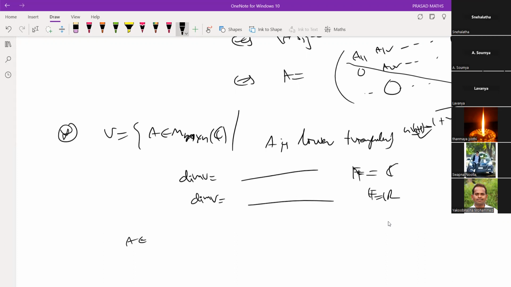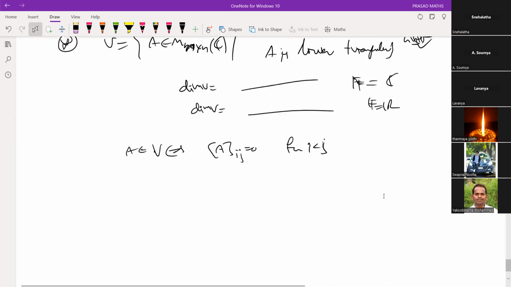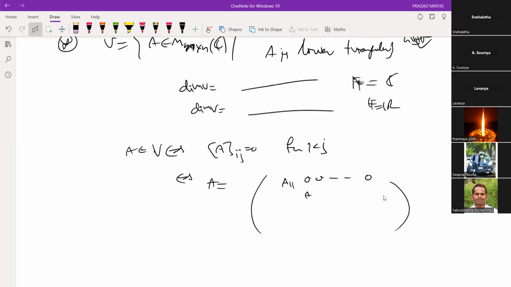Tell me, suppose A is a lower triangular matrix. So all the entries above the diagonal are 0. Therefore, what is the form of A? All the entries above the diagonal are 0. You fix the first diagonal entry. This is A21, A22, then A31, A32, A33, going on to An1, An2, and so on.